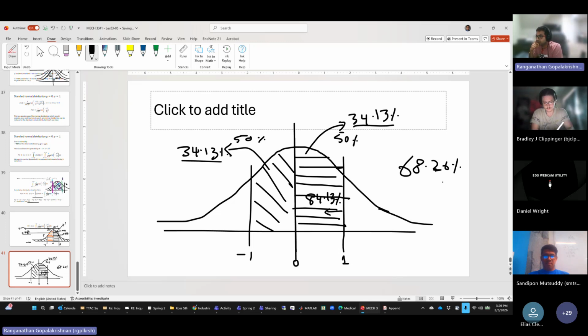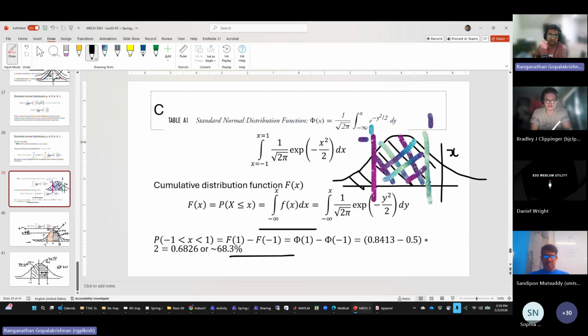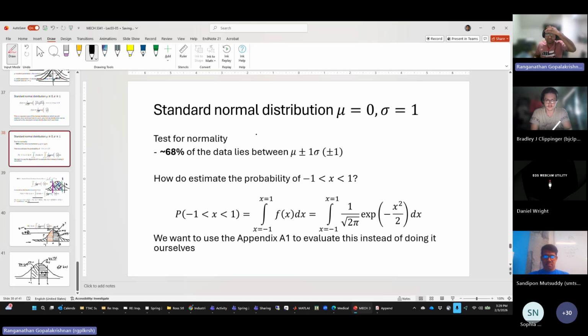Everybody is now clearer? I want to ask about the bounds. Are they 1 and -1 because it's within ±1 standard deviation? Yes. And the reason I use 1 here is because I'm dealing with a special case called the standard normal distribution, for which the mean is 0 and standard deviation is 1.